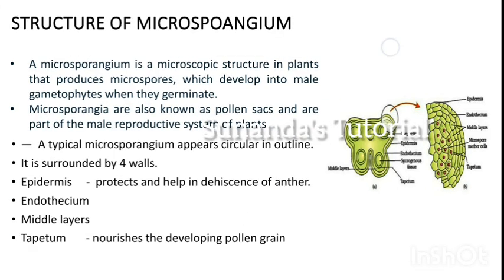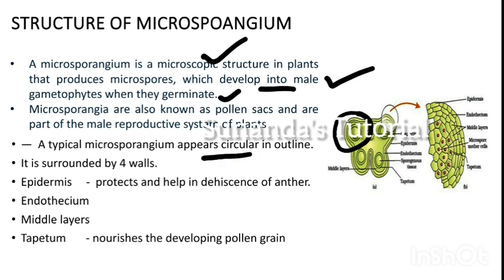So this is the structure of the microsporangium or spore sac. It is the microscopic structure in plants that produces microspores, which develop into male gametes when they germinate. Microsporangia are also known as pollen sacs. A typical microsporangium appears circular in outline, surrounded by 4 walls.